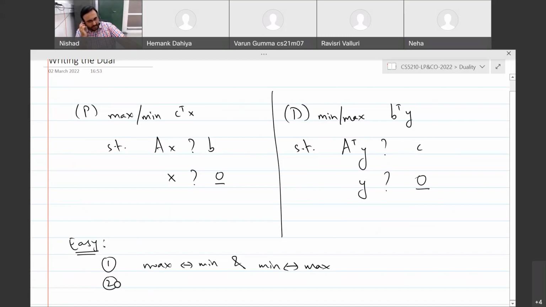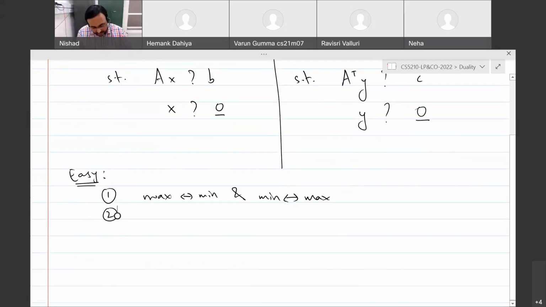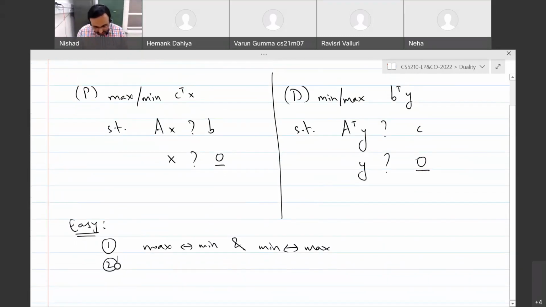So it's basically just doing row operations, so we don't have any constraint on y. Exactly. The main point is those are equations. Because they are equations, you can multiply them by whatever y you like, positive or negative, and they will still hold. If they were inequalities, then you would have to be careful.